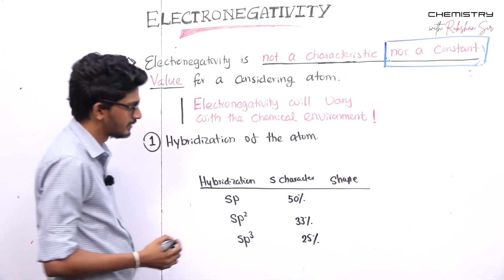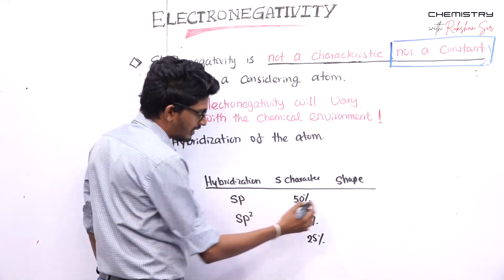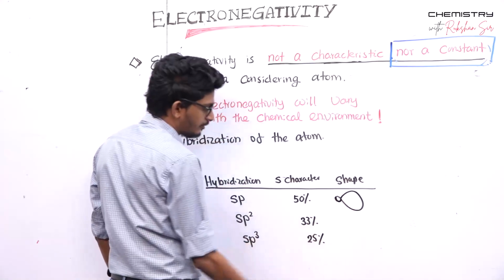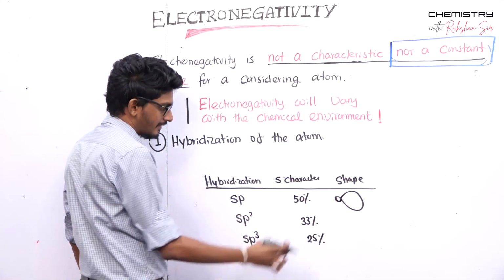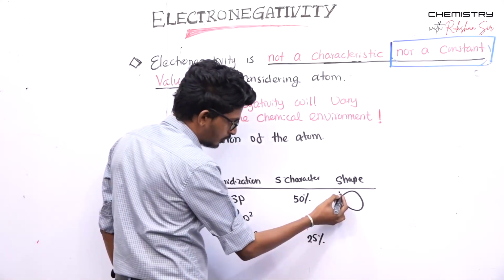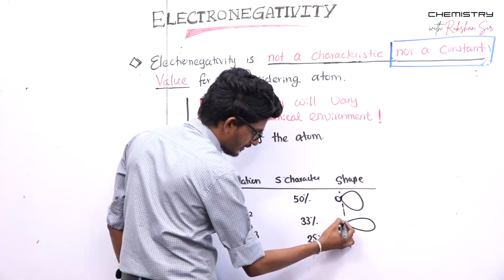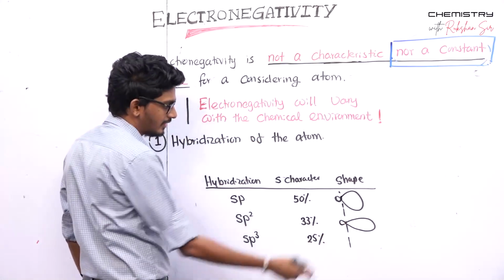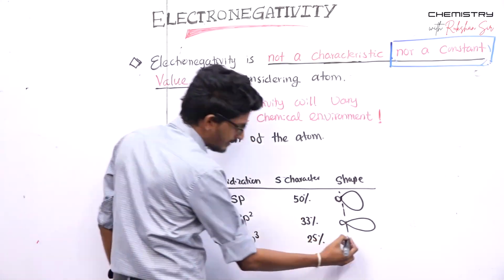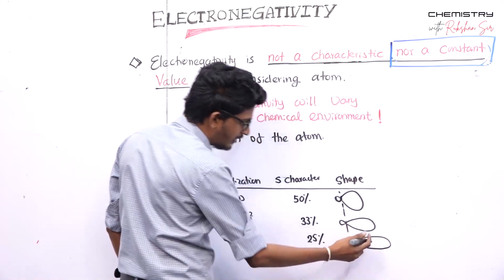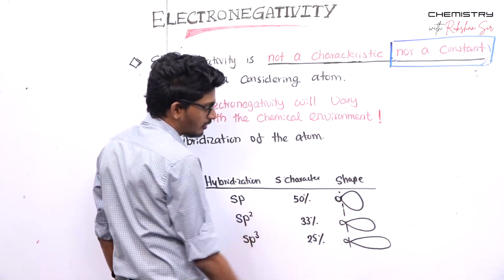As for the shape, the sp orbital is more spherical, having more properties of s, as the s character is high. The sp2 carries a bit more p properties, lengthier than the sp. The sp3 has more p character, so it is lengthier than the above two.